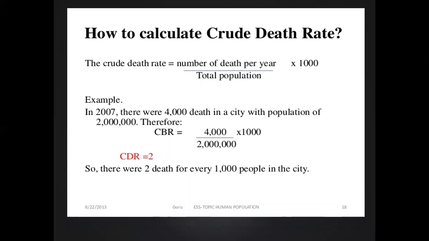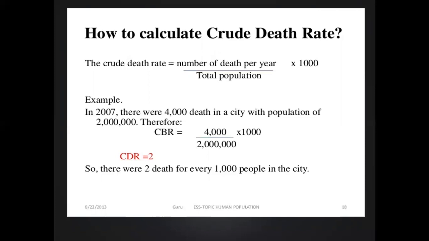Dear cadets, how to calculate the crude death rate? Crude death rate equals the number of deaths per year divided by the total population, multiplied by 1,000. Here is an example.